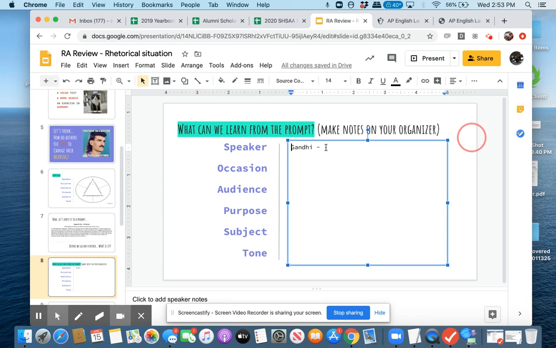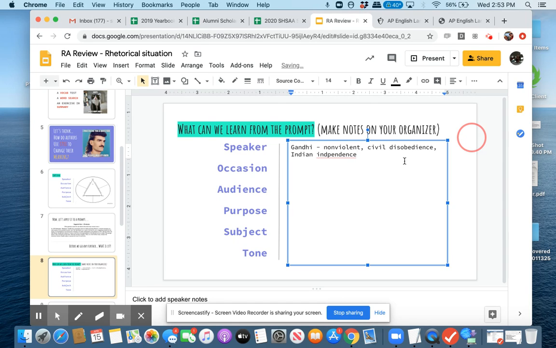You probably already know who Gandhi is, but if you didn't, those are some things we can pull from the prompt right now. We can say that he is nonviolent, that he is about civil disobedience, and that he is for Indian independence.